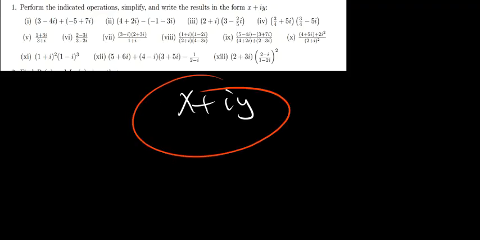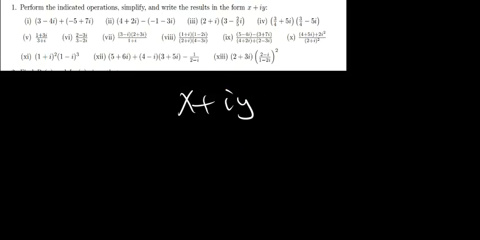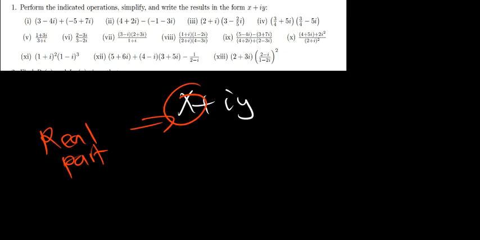So a complex number has got two parts. The part which doesn't have i is what we call the real part. The part which has got an i is what we call the imaginary part.